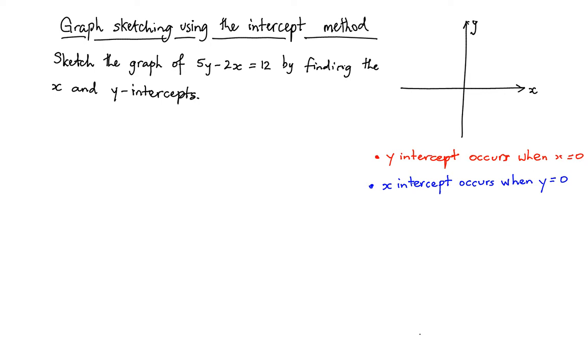Similarly, we have the x-intercept, which is simply the value as the graph cuts the x-axis. Regardless of where it cuts across this axis, the x-intercept will have a y value of 0.